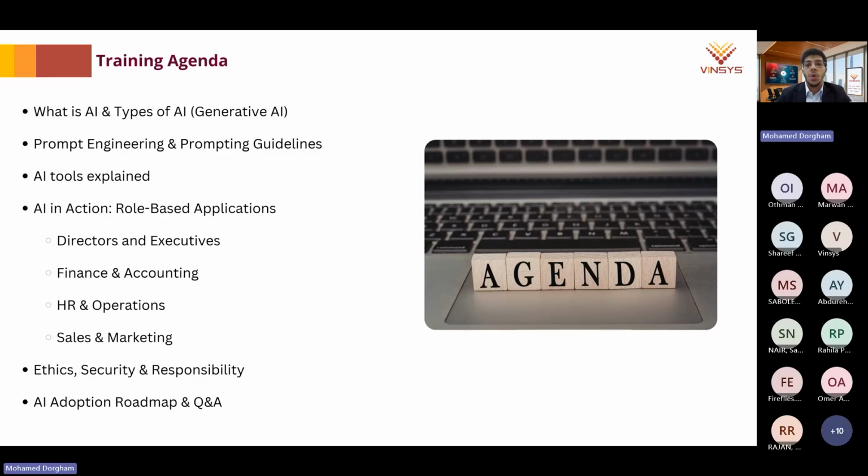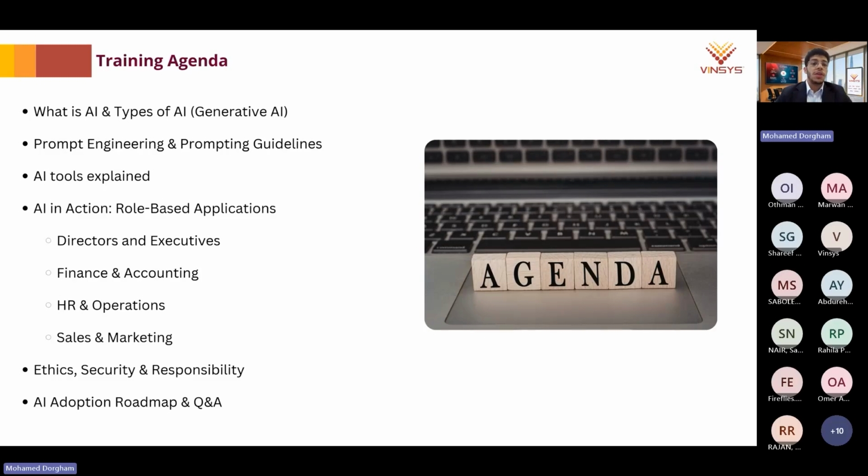We're going to understand what prompting an AI means, what the best practices are when it comes to prompting an AI, and even what the guidelines and the templates are that you can create by yourself and use when you are working in your everyday tasks.